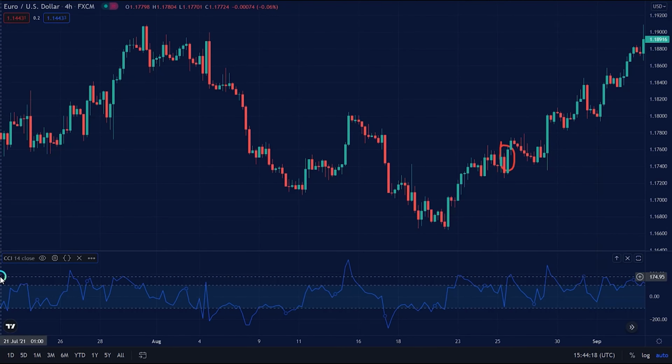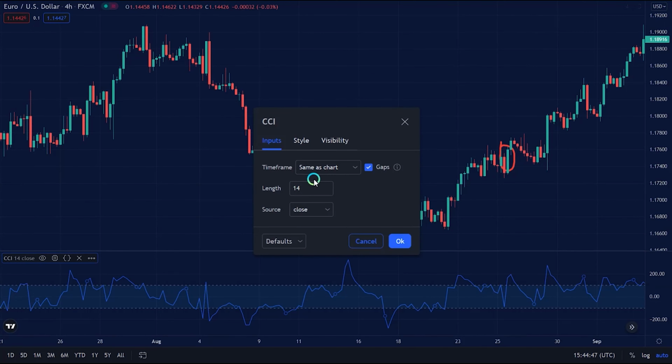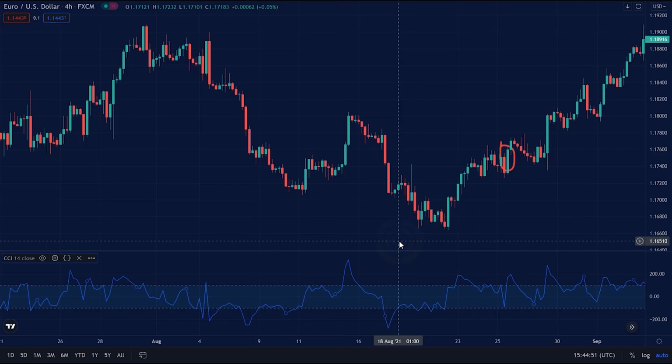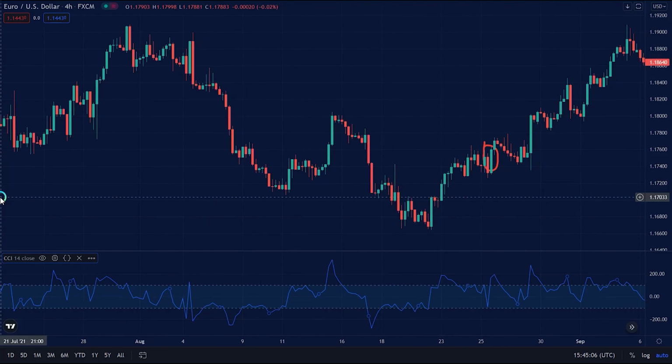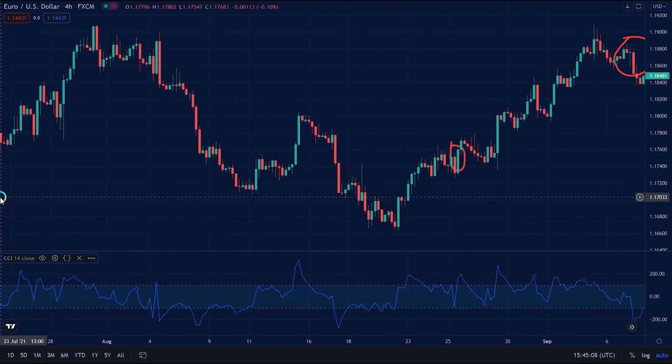The exit strategy is really simple. Basically, the exit strategy is based on the 14 period close source CCI as well, and when the CCI crosses below minus 80, then our first condition to exit the trade will be fulfilled. And now let's just take a look at how.